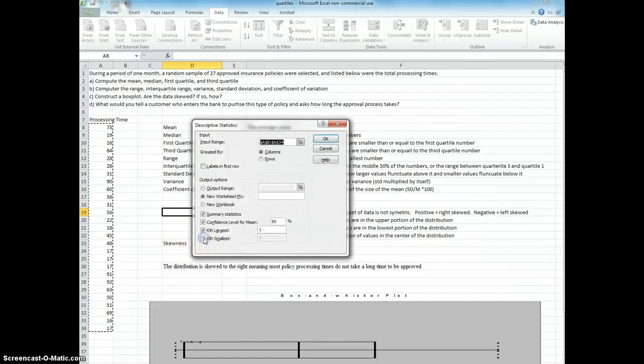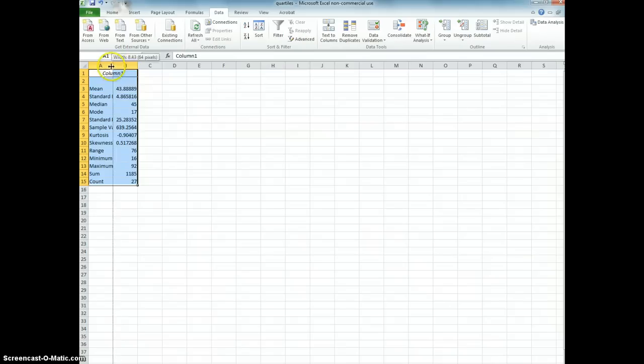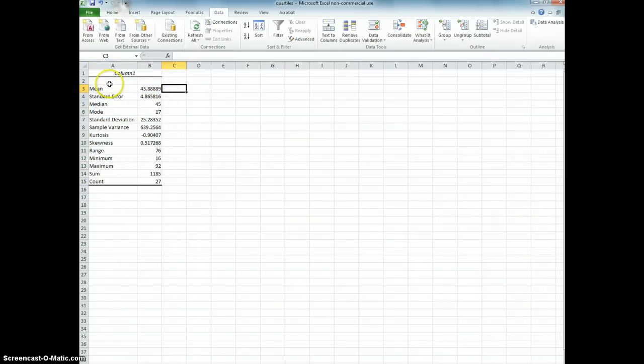Let's make sure that this is unchecked and that only summary statistics is checked. And click New Worksheet since we have enough going on in this worksheet. We'll click OK. So now we were given the mean, median, standard deviation, our variance, skewness, range, and we'll go ahead and just simply fill this in.